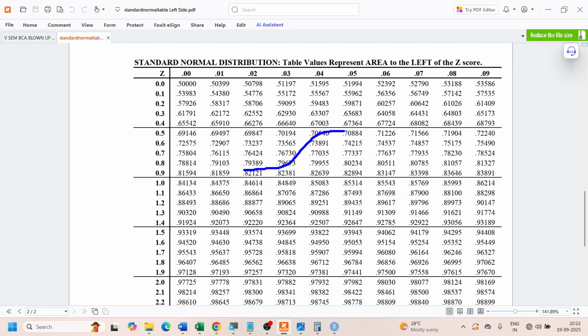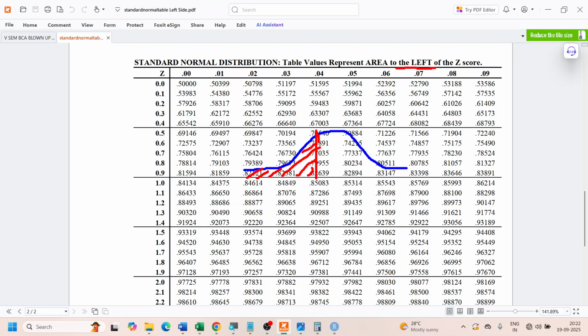This is the normal distribution. If somebody asks what is the Z value here, if the Z value is given, you are going to get this table, the one shown over here. It's going to give you the probability up to this left side.